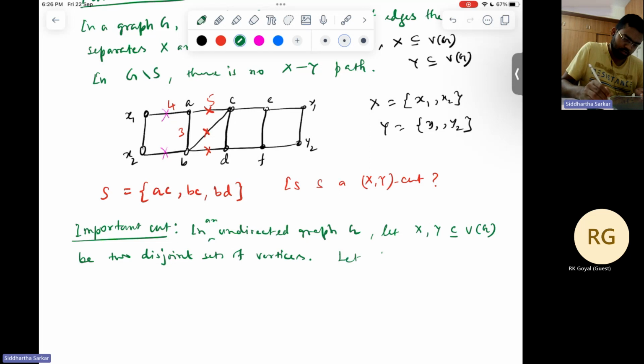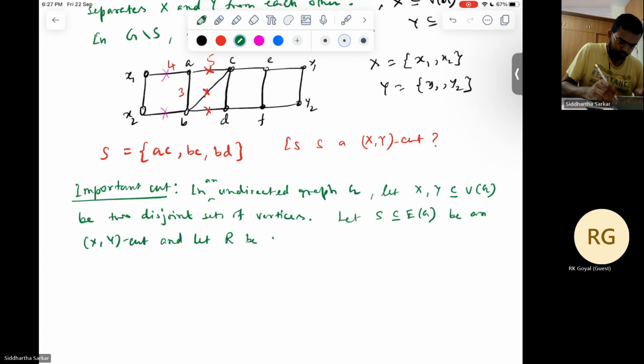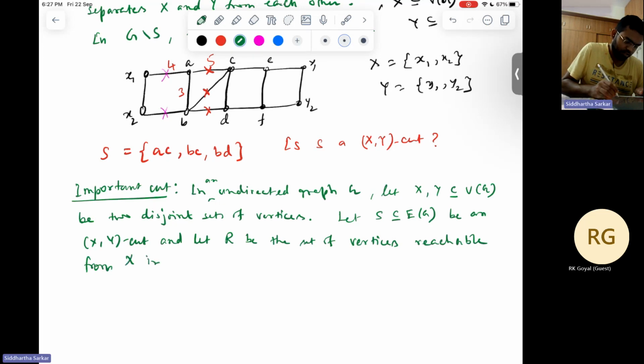Let S be a subset of the edges so that it is an XY cut. That means if you remove S, then X and Y are disconnected. And let R be the set of vertices reachable from X in G minus S.